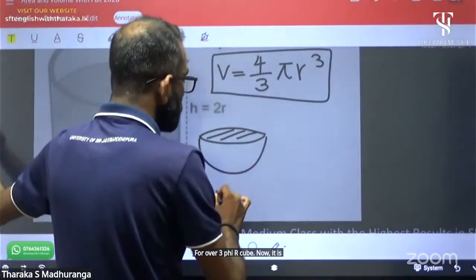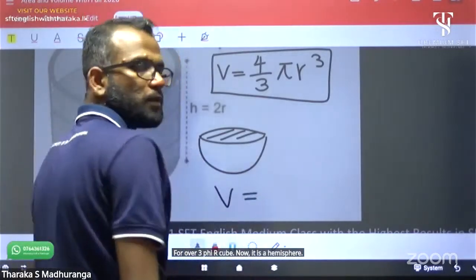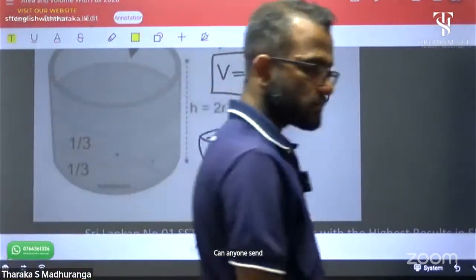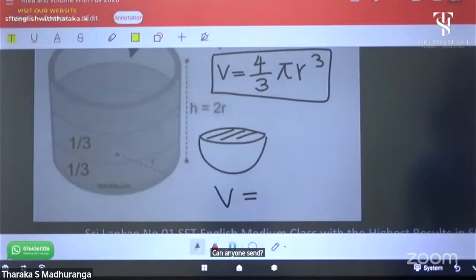Now it is a hemisphere. How to get the volume of hemisphere? Can anyone send the volume of hemisphere?